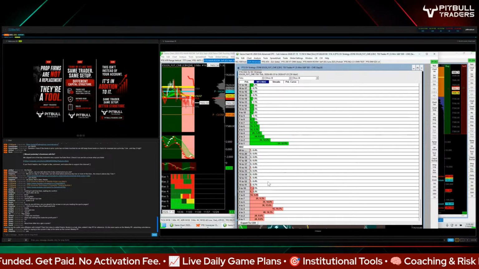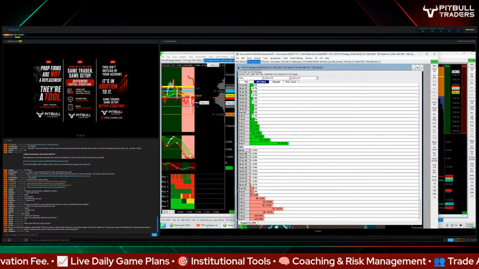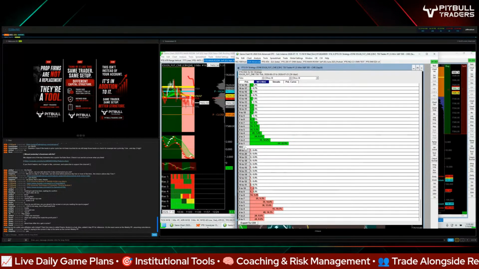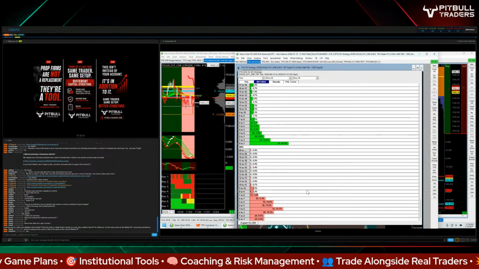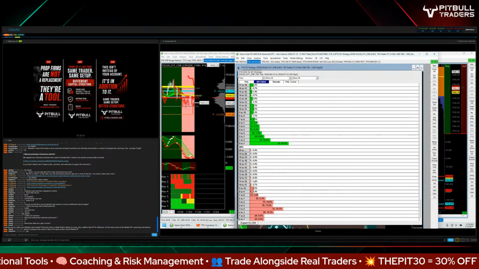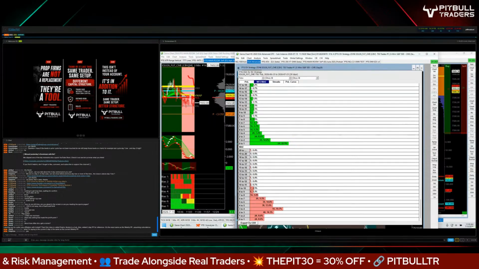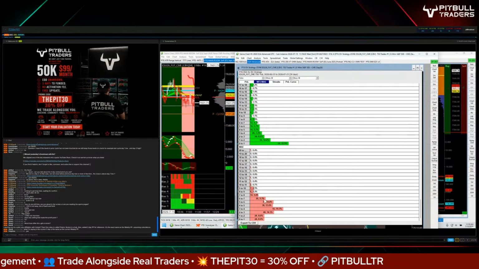So what you're seeing down below is the MAE, the maximum adverse excursion of a particular strategy. Again, this is all in testing. What I wanted to show you in terms of the frequency distribution is, at the bottom, these are the adverse excursions.